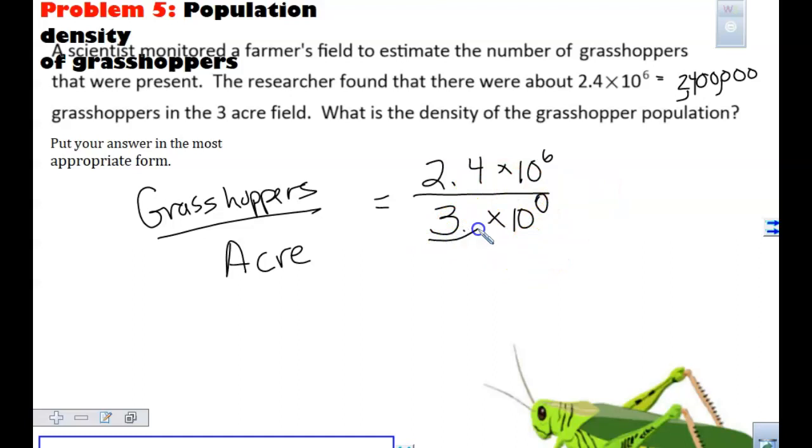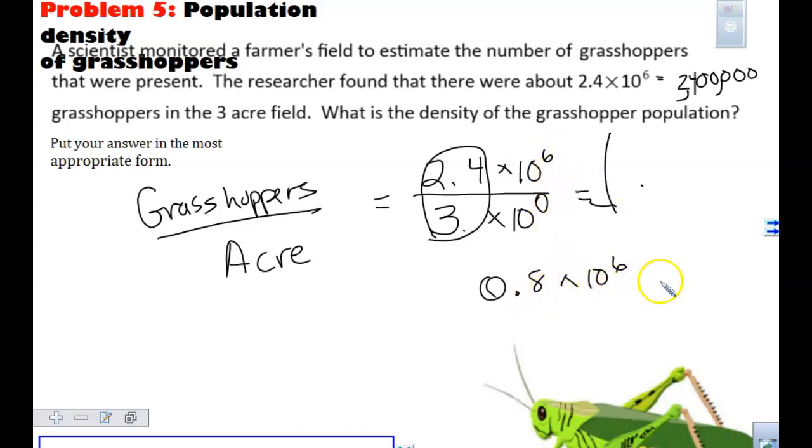So on your calculator, please take 2.4 and divide it by 3. 2.4 divided by 3 is going to give us a decimal, right? 24 divided by 3 is 8, so this is going to be 0.8 times 10 to the 6, right? 6 minus 0 is still 6.